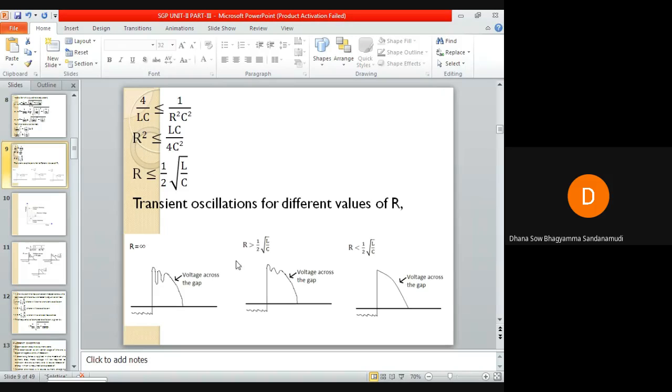Now, if R is greater than 1 by 2 root L by C, there will be oscillations. If R is equal to 1 by 2 root L by C, that resistance value will be known as critical resistance. If R is infinity, many oscillations will be there.